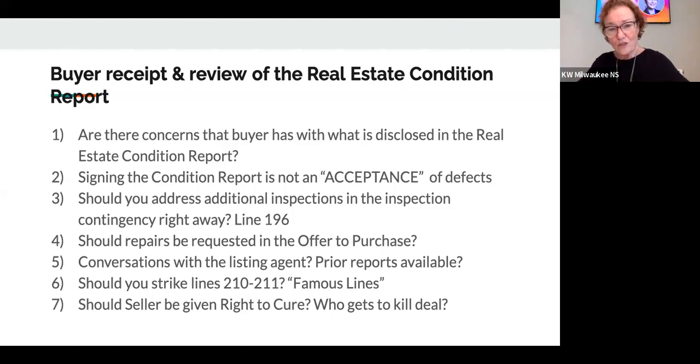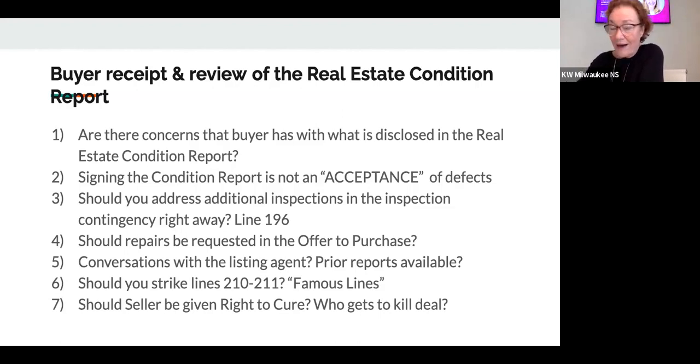Should you strike lines 210 and 211, the famous lines? Oh, do I have a story about that. Lines 210 and 211 are saying that for the purposes of this contingency inspection, defects do not include structural, mechanical, or other conditions, the nature and extent of which the buyer had actual knowledge of or written notice before signing this offer.